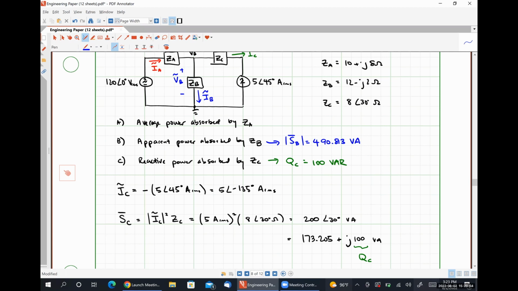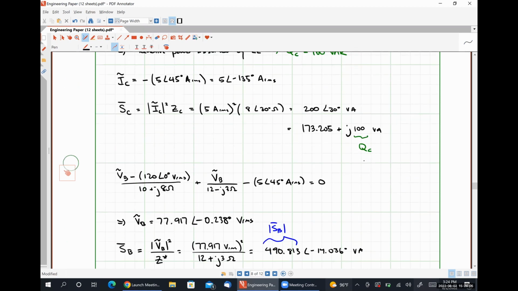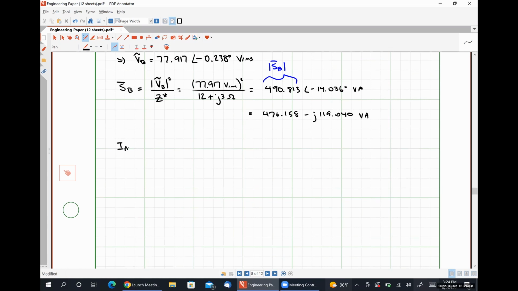From here, I can find IA pretty easily. IA is just going to be 120 angle 0 degrees volts RMS minus VB all over ZA. And if I substitute in my numbers, this is going to look like 3.286 with an angle of negative 38.219 degrees amps RMS.